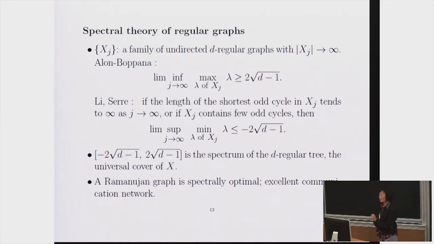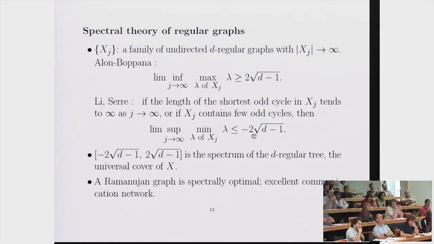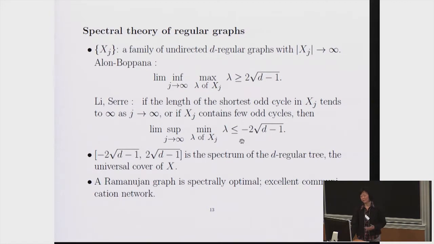But it holds under a minor assumption. For instance, if the length of the shortest cycle in the graph tends to infinity as the size goes to infinity, or we allow short cycles but there are only very few of them, then this will hold. In particular, if the graph is bipartite, then it doesn't have any odd cycles, then this will hold.